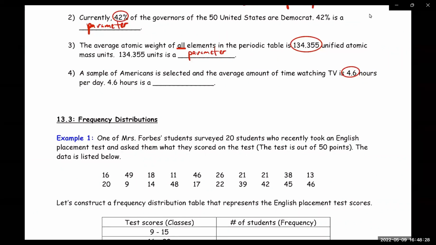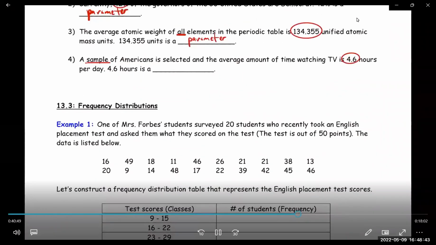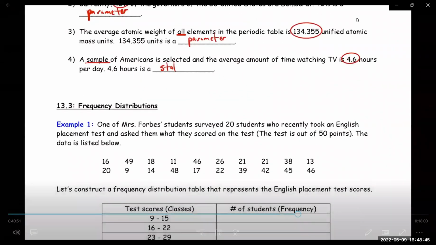Here's your keyword. Sample. So it's describing a characteristic of the sample, which means it's a statistic. S goes with S. Parameter goes with population. So it is going to be a statistic.